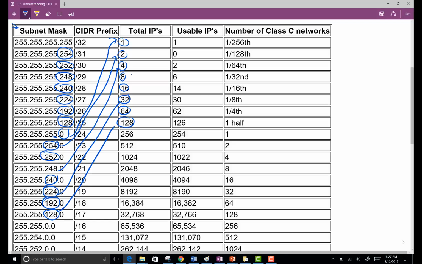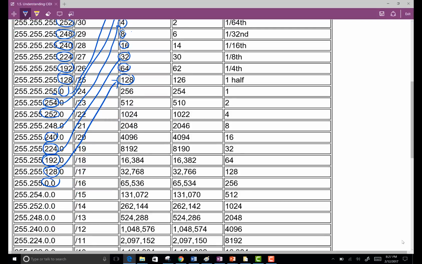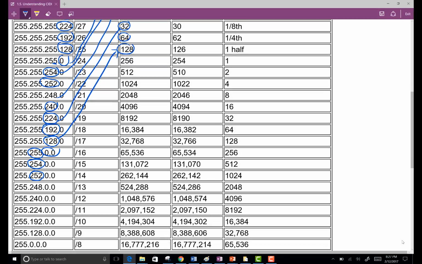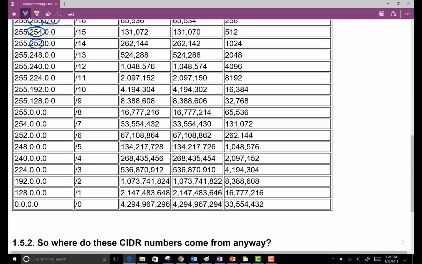And 128 minus 128 is 0. And now we're back at 1 again. 255 minus 1 is 254. 254 minus 2 is 252. And so on until we get to 0.0.0.0 with a 0 CIDR.